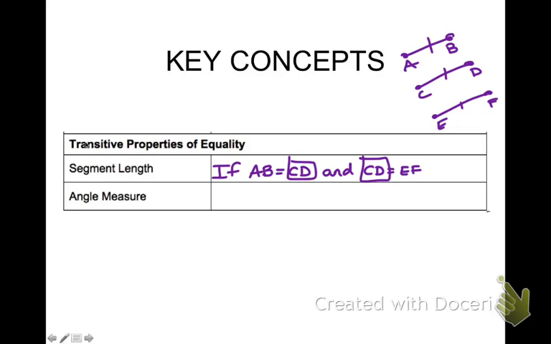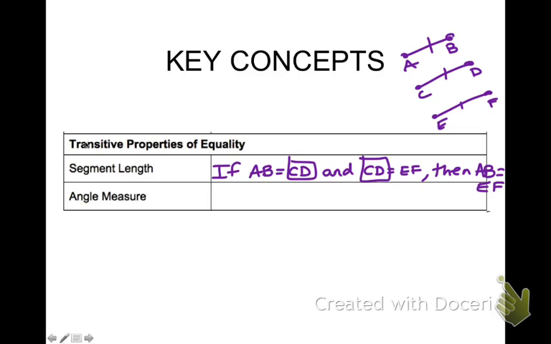The beginning and the end. So then we could say AB is equal to EF. The transitive property and the substitution property are very, very similar, and they can be used interchangeably sometimes.